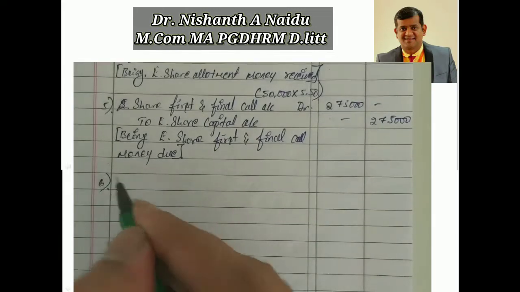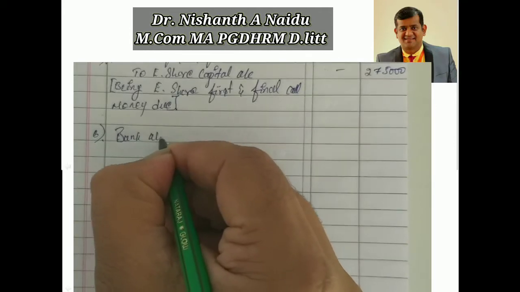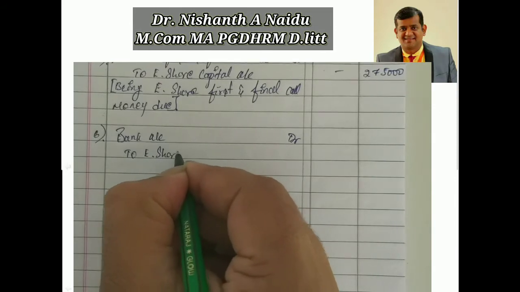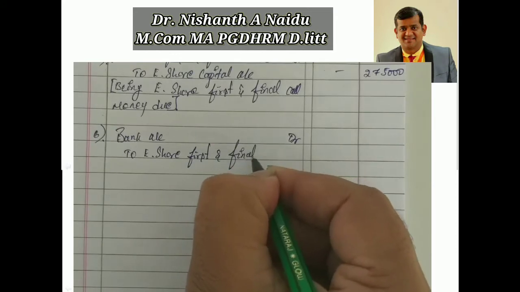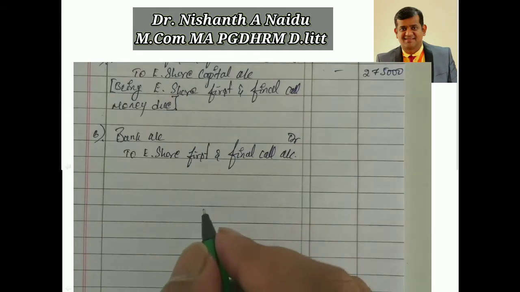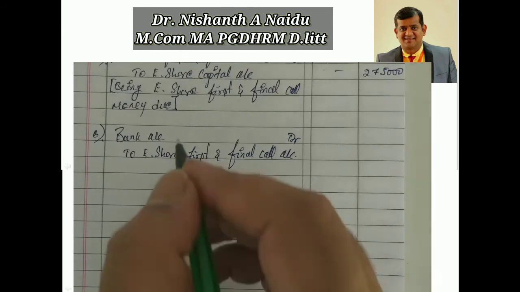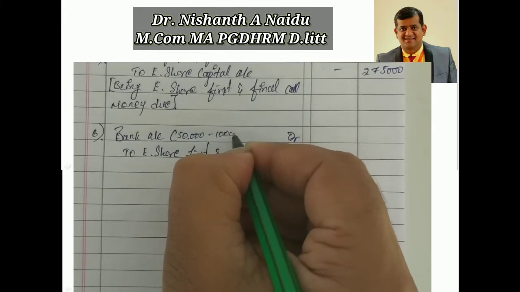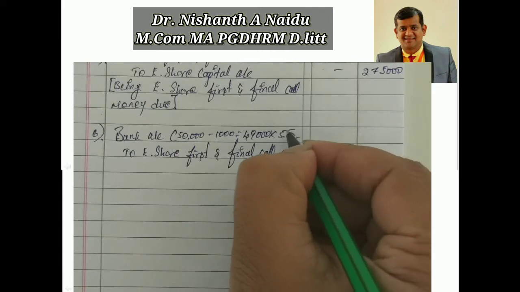Okay, so next is a receipt entry, that is going to be the sixth entry. So bank account debtor to equity share first and final call account. How much have we received? 1000 shares failed to pay, held by Mr. Krishna. So 1000 he did not pay. So 50,000 minus 1000 equals 49,000 shares at 5.50.